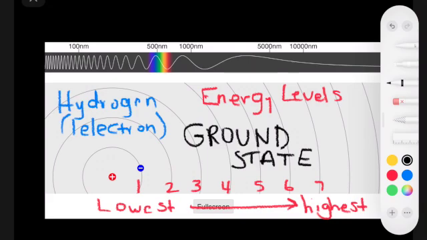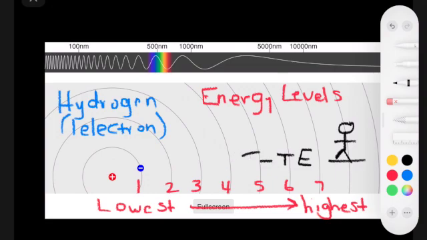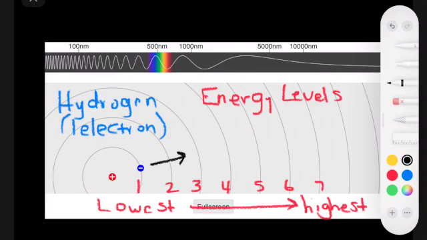It's closest to the nucleus in the lowest energy level, just like if you were standing on the ground and being very calm. But what you're going to see in a second is that electrons sometimes will move out of the ground state. And when they do, they jump up into higher energy levels.